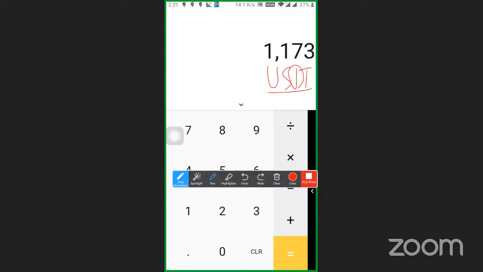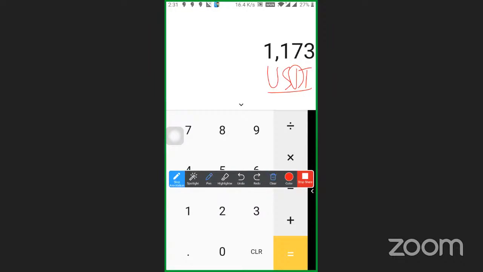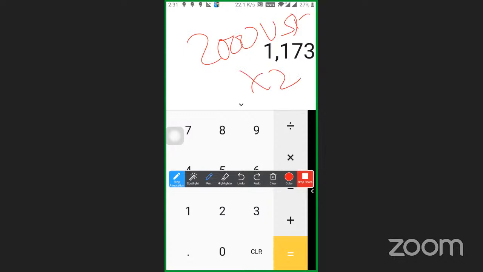But the challenge is, maybe some of you have more than 1,000. If you have around 2,000 USDT, you can trade on any 2 coins out of the 6.